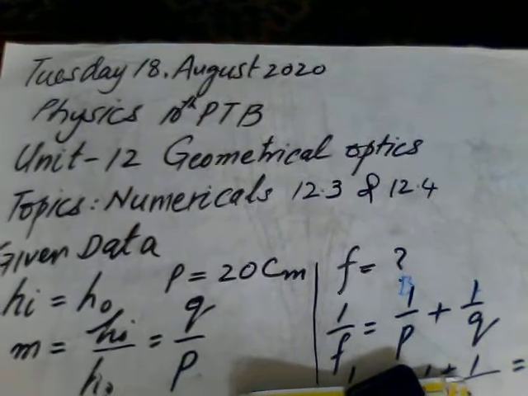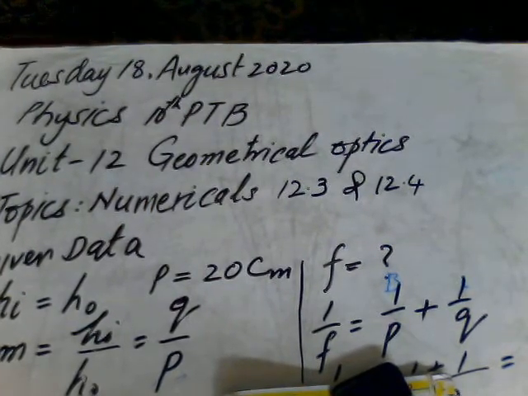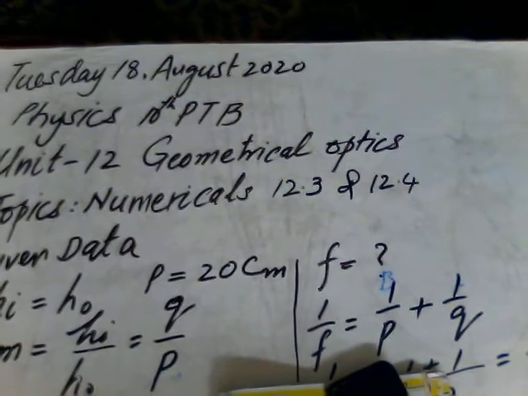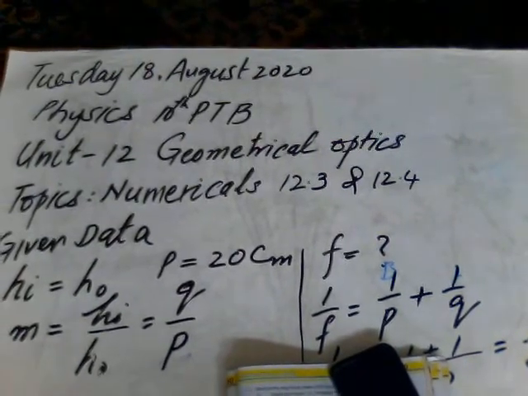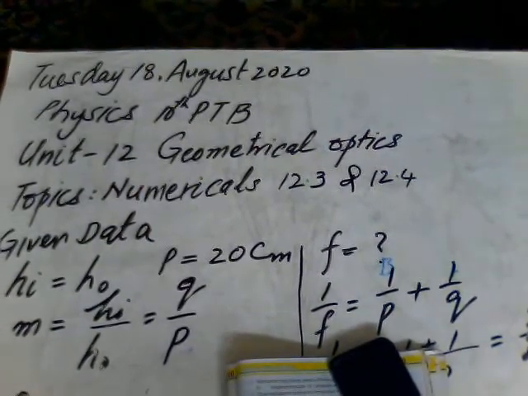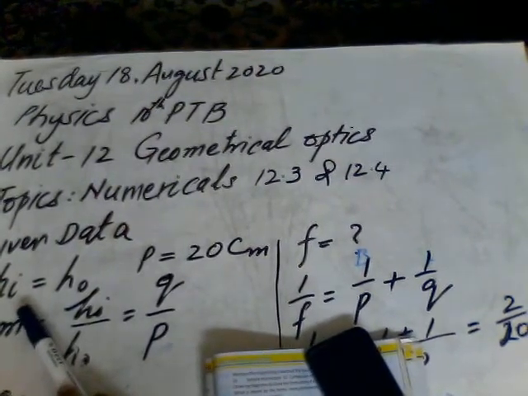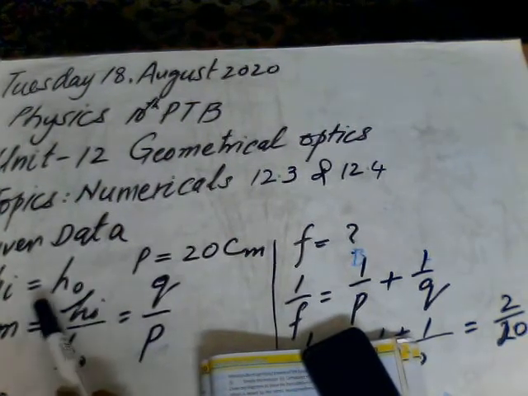An object and its image in a concave mirror are of the same height. That is, the height of the image, hi, and the height of the object, ho, are both the same.